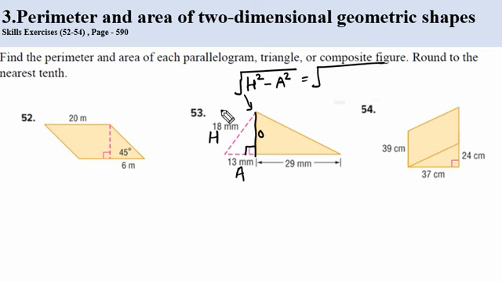So that will give you the square root of 18 squared minus 13 squared, which gives us 12.44, or the square root of 155. So this side is coming as 12.4.